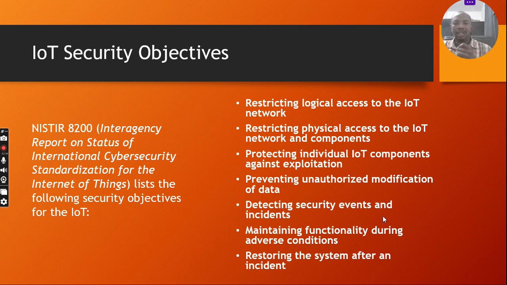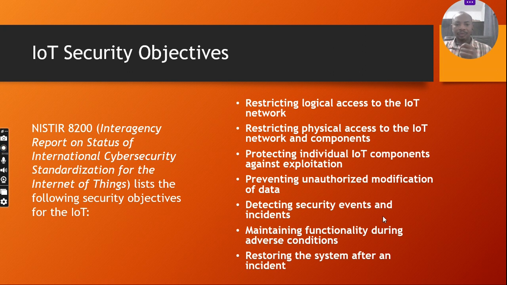Then another thing is preventing unauthorized modification of data, in order to prevent people from tampering with the data on the Internet of Things, and hence to ensure that the Internet of Things network, or the entire ecosystem, is secure. Then another thing to look at is detecting security events and incidents.